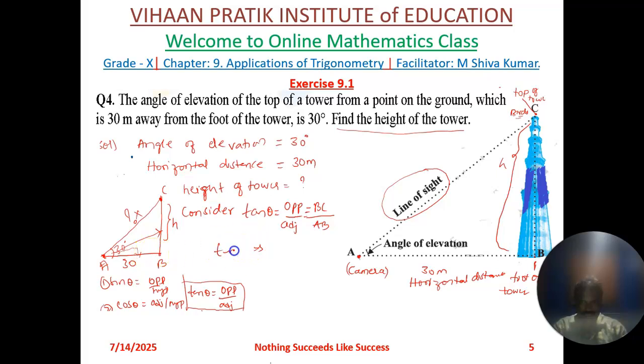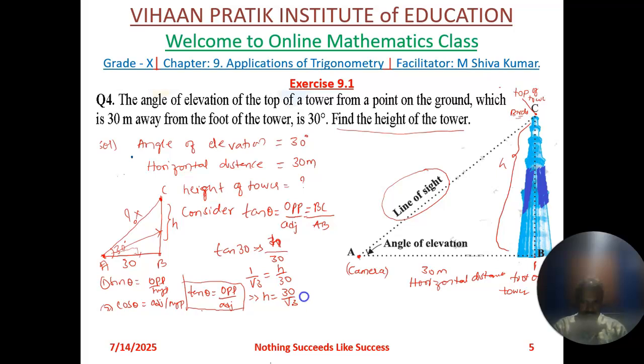So tan 30 degrees equals BC divided by AB. BC is not given, BC is h, and AB is 30. Tan 30 is 1 by root 3, equals h by 30, so h equals 30 by root 3.